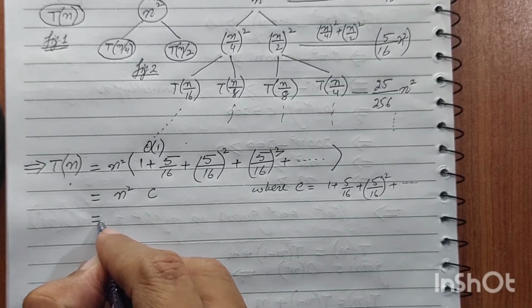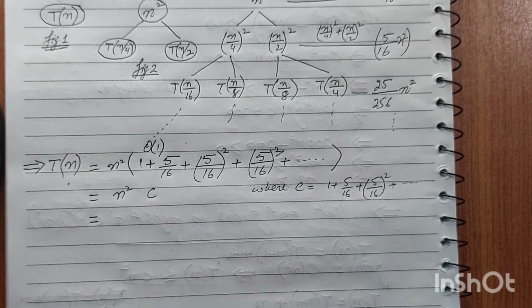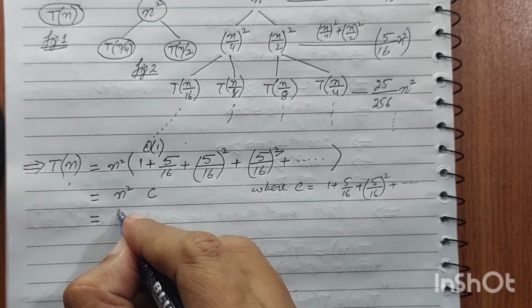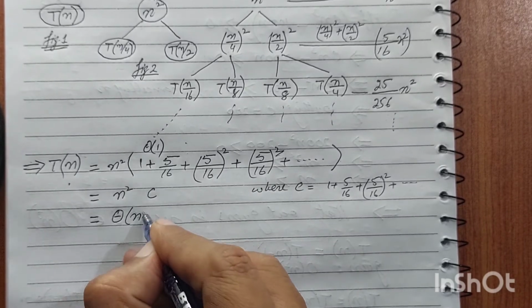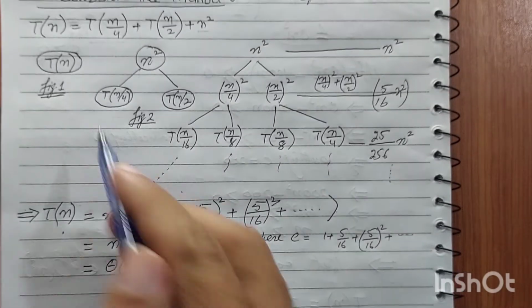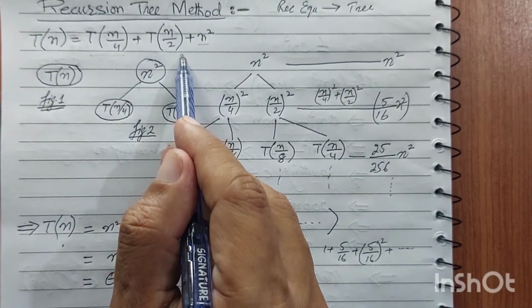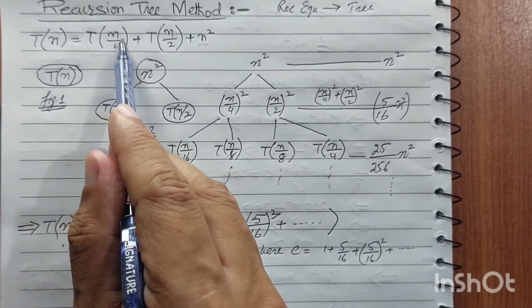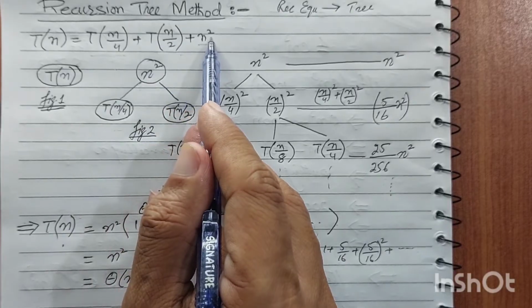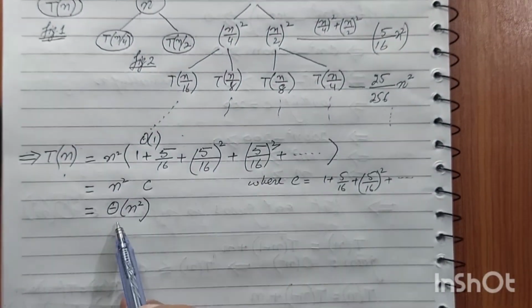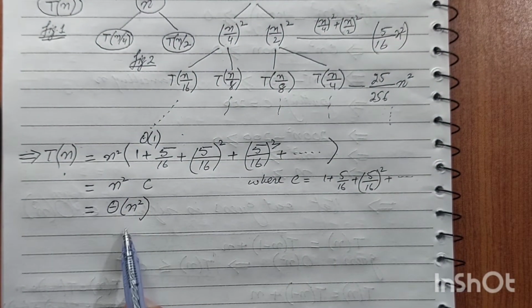So here we can see that the time complexity of this algorithm, whose recurrence equation was given here, that is t of n is equal to t of n by 4 plus t of n by 2 plus n square, is actually theta of n square.